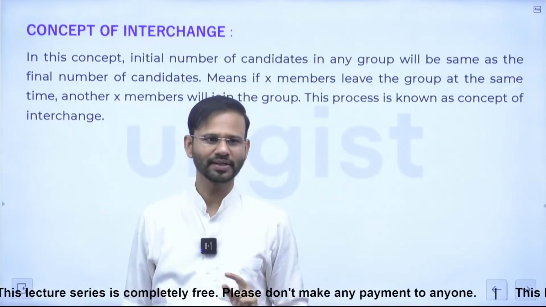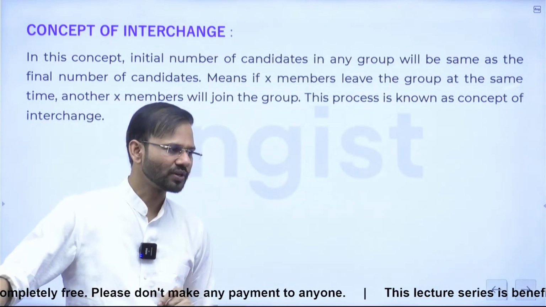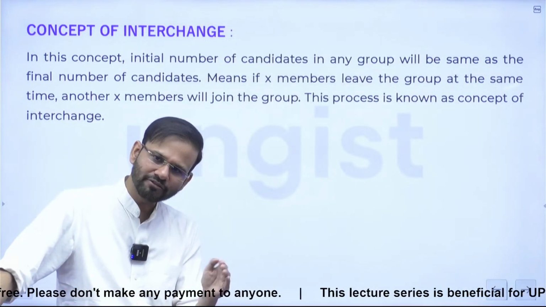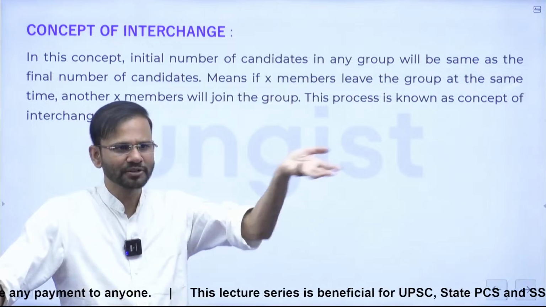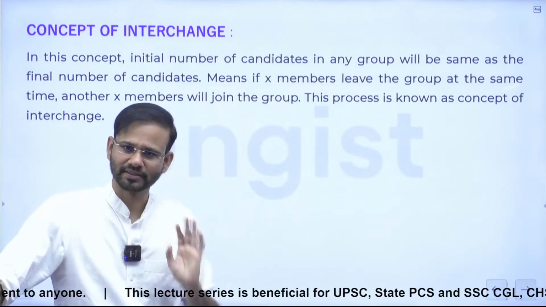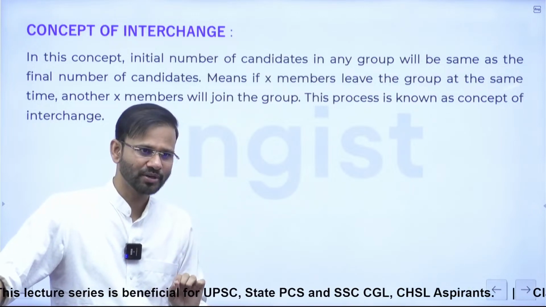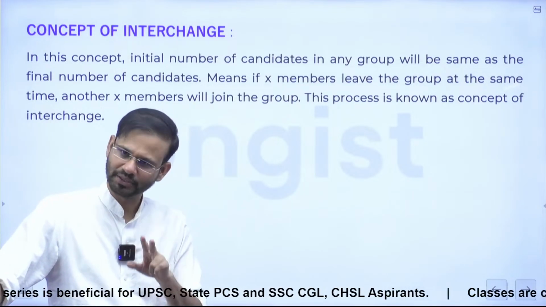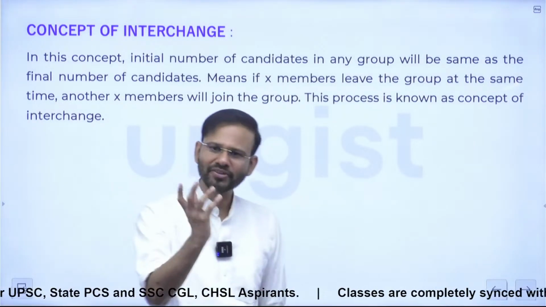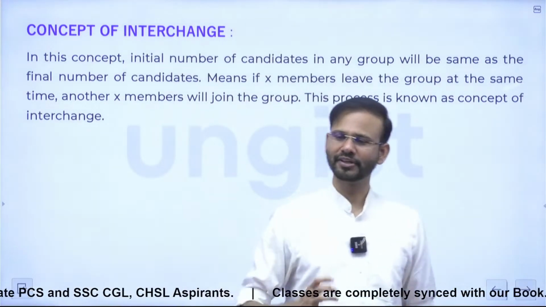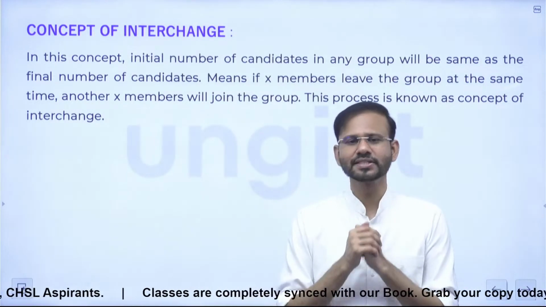So the concept of interchange means the initial number of candidates in the group and the final number of candidates in the group will remain the same. भाई अगर 2 जाएंगे तो 2 आ जाएंगे, 5 जाएंगे तो 5 आ जाएंगे, 1 जाएगा तो 1 आ जाएगा, right? So the initial number of candidates and the final number of candidates in the group will remain the same. ठीक है. अब होगा क्या कि, why does the average get changed if the initial number of candidates and the final number of candidates are the same?